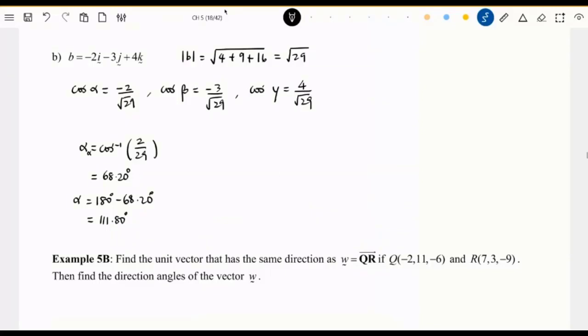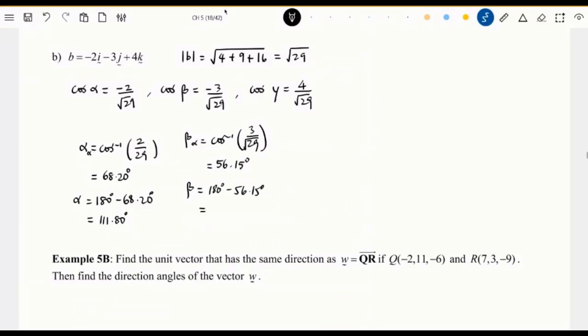111.80. Okay. Beta which is inverse cos of 3 over square root 29. Okay, kita dapat berapa ni? 56.15. Okay. So your real beta will be 180 minus 56.15.